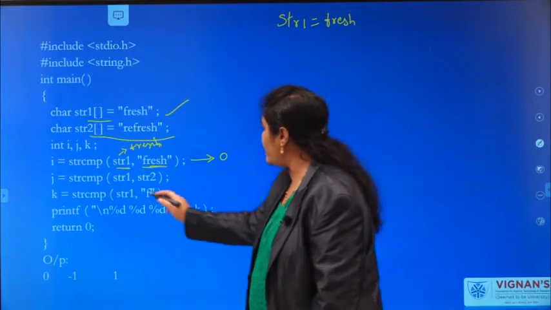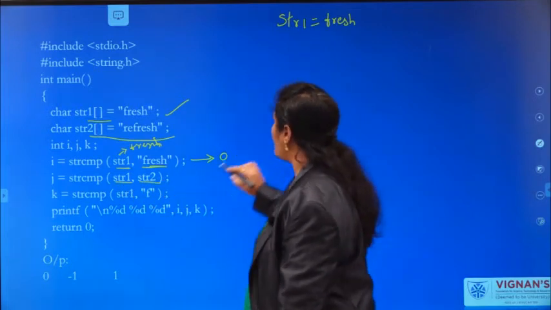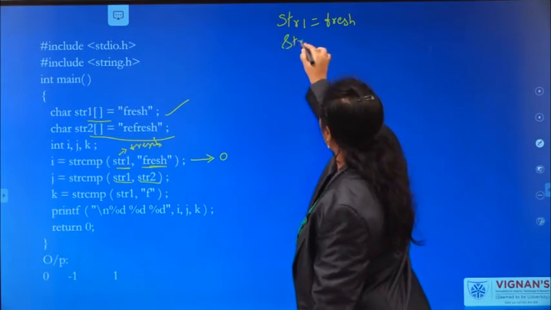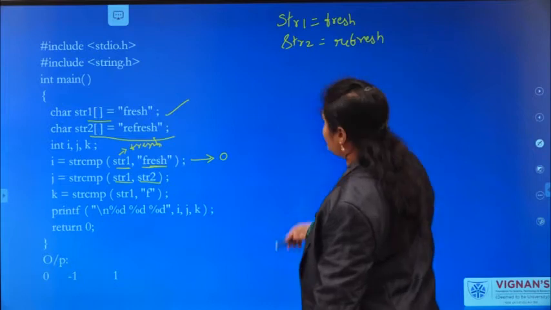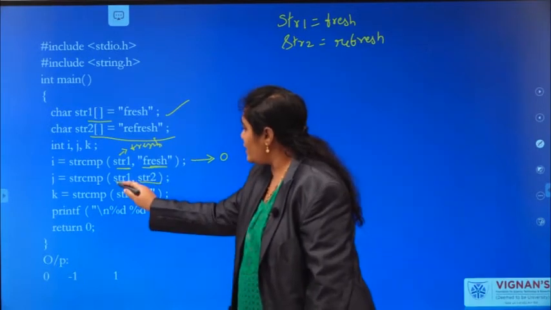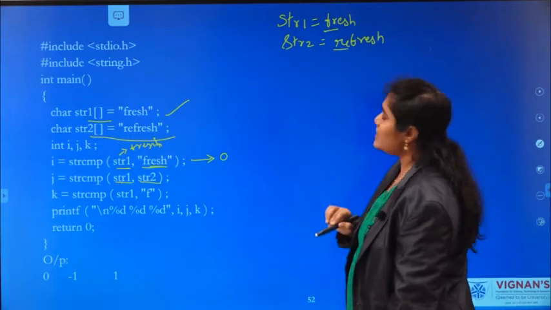Right? And here, you are going to compare str1 with str2. What is the value of str2 here? Refresh. So here the value of str1 is fresh and the value of str2 is refresh.